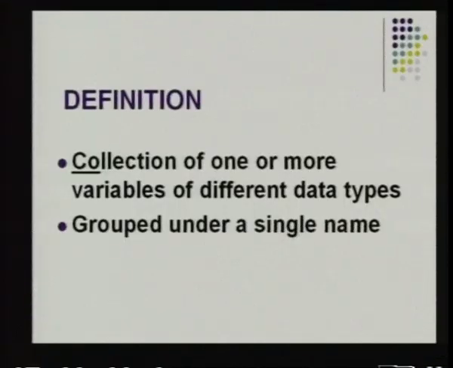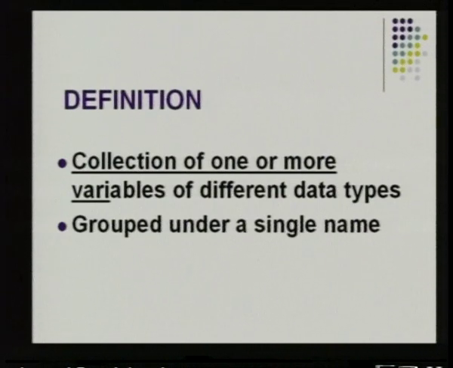So, when we come to the definition of structures, it is a collection of one or more variables of different data types. Now, if you see, the definition is somewhat similar to that of an array except for the last part of the definition. An array also holds one or more variables under a single name, but they should all belong to the same data type. Either all the variables should be integers, characters or float.